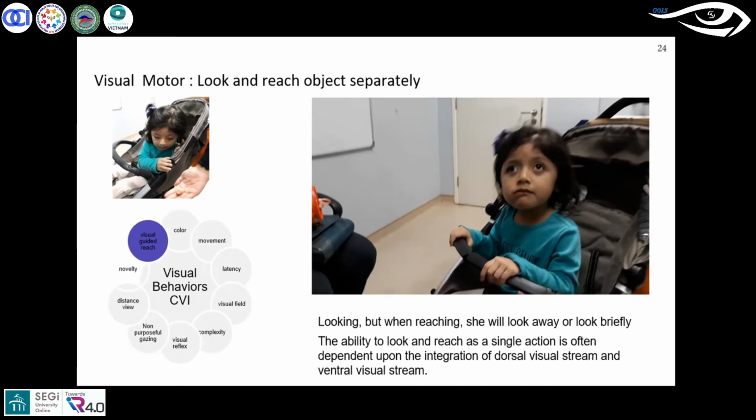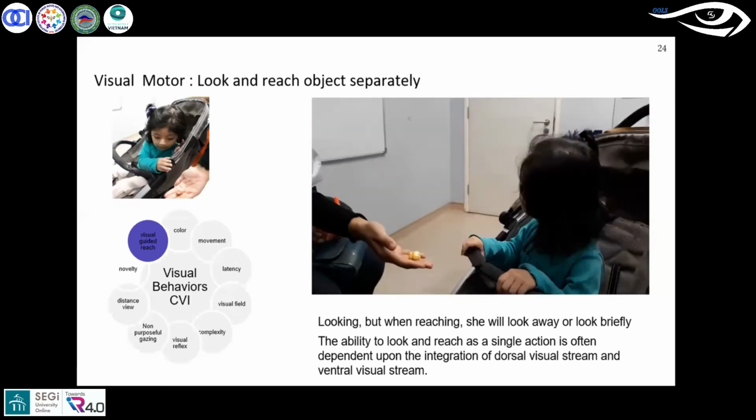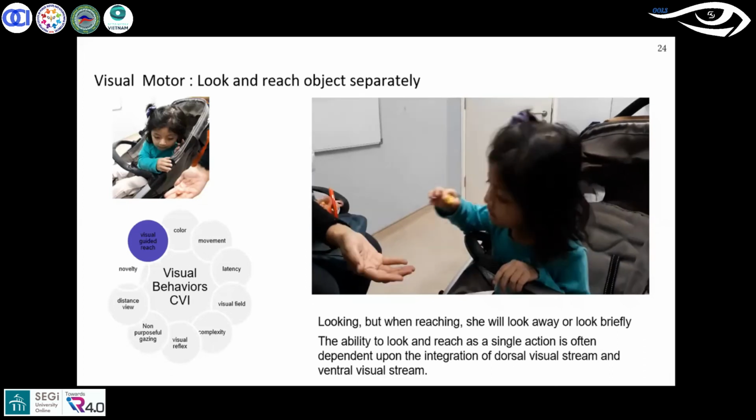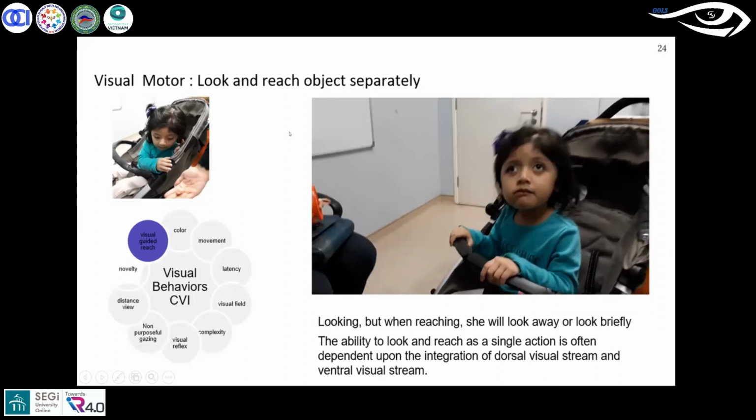Last one, I will play this video another time. You will notice when she wants to see, she starts off moving her head, then stops, and picks up the popcorn again. Right. So that is very important for a child with CVI: absence of visual guided reach, and also movement.